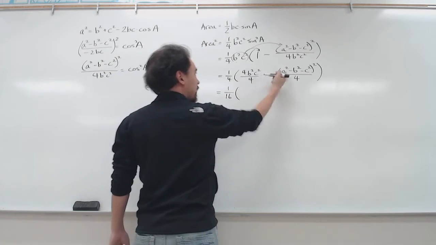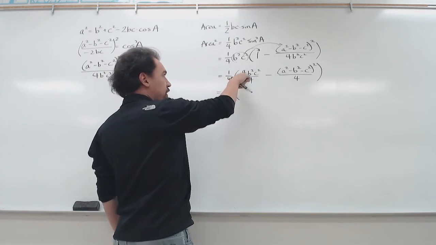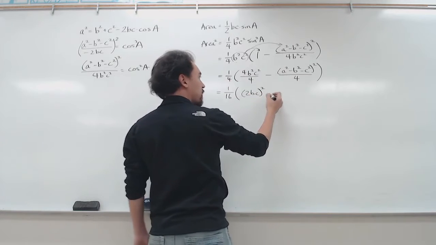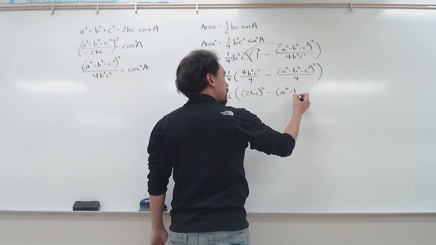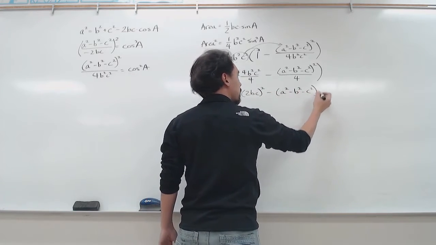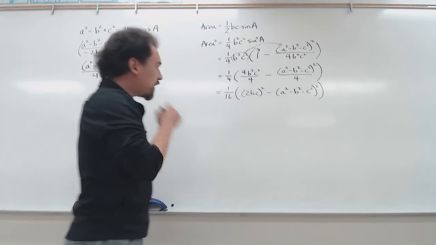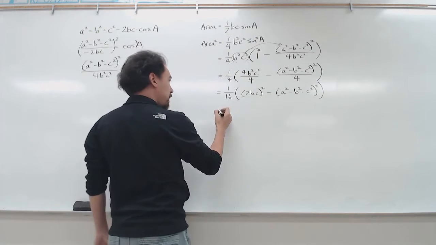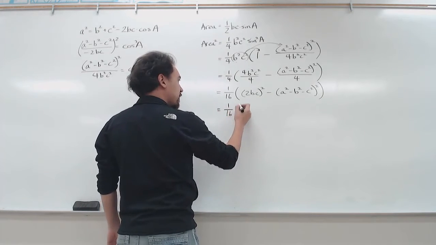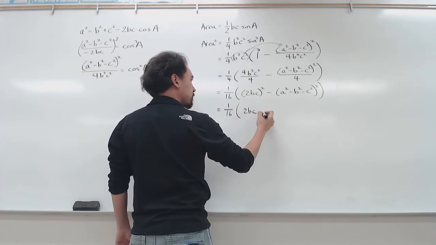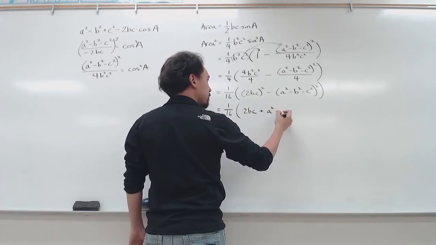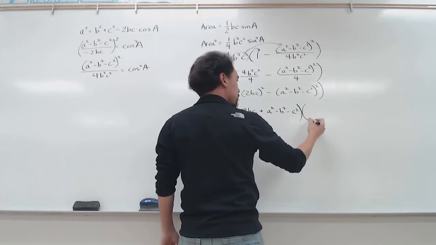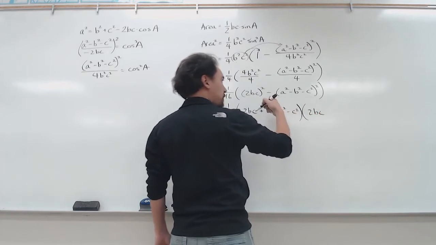And then I look at this and I look at this, and I say, well, this is actually 2bc in parentheses squared. Which then I think about as the difference of squares. So I can write this like that. And I'm going to go minus.